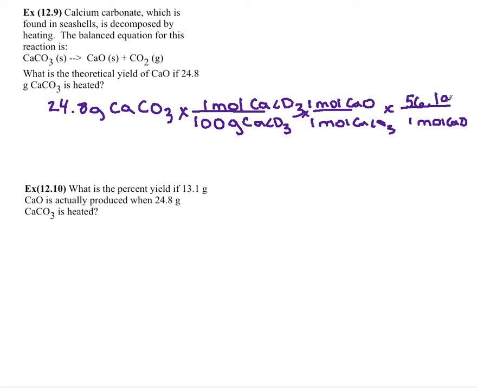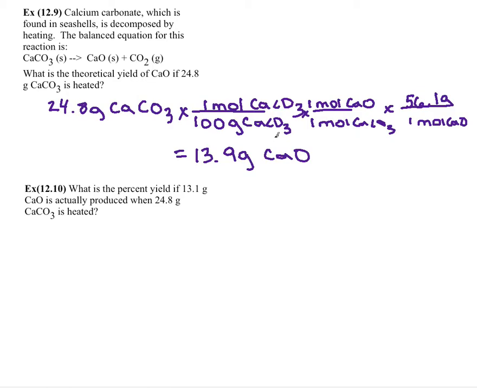56.1 grams of CaO. So what I end up getting, guys, when I multiply, so I take 24.8, divide it by 100, multiply it by 56.1, I end up getting 13.9 grams of CaO. Okay, so that's my theoretical yield.